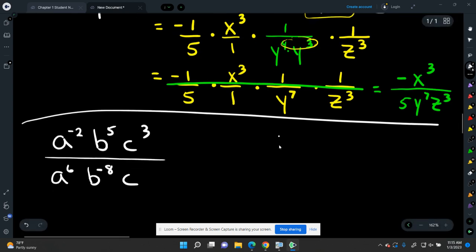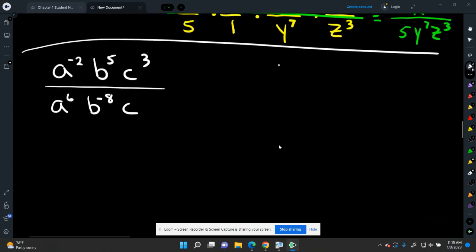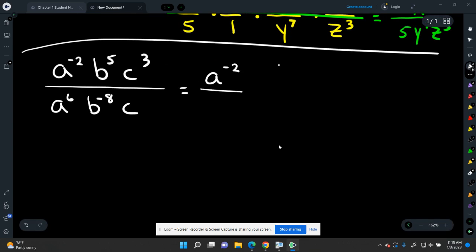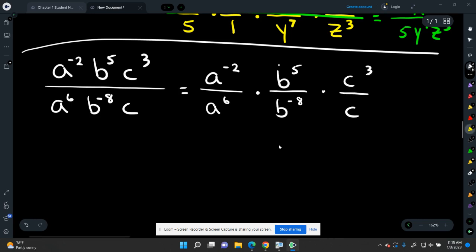So I'm going to separate them. Separate them, and then we'll work with each one separately, and then we'll bring them back together again.